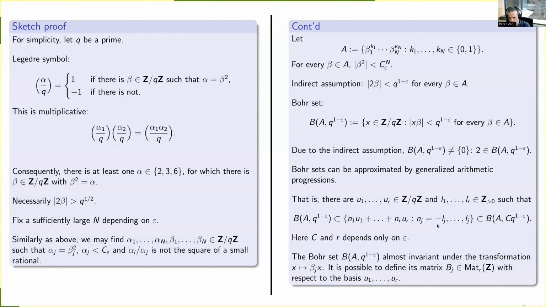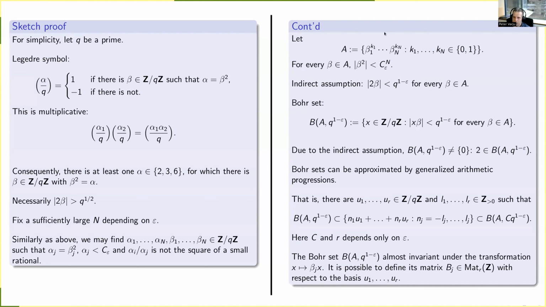Okay, so how to use this to complete the proof? Now let's observe the following. I'm going to look at the transformation which moves x to beta j times x. And so this has some action on physical space, and then there is a dual action on Fourier space, which is also multiplication by beta j.